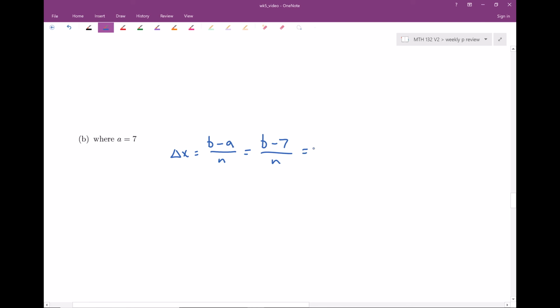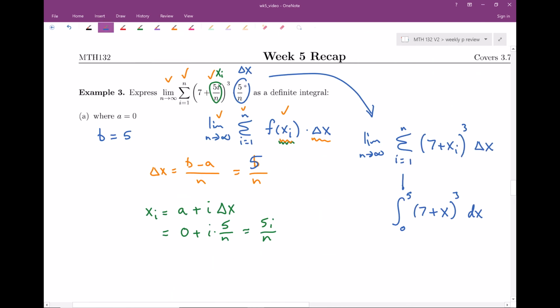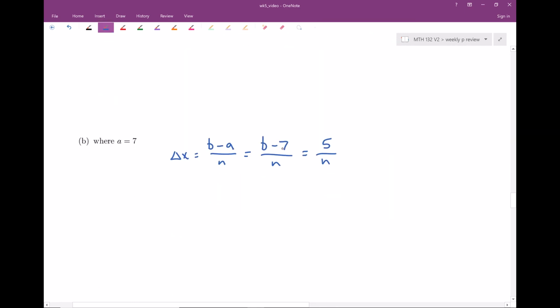Again, a good choice for delta x is this 5 over n, which we see hanging off to the side here. So what should b be equal to? If b was equal to 12, then we'd have 12 minus 7, which is 5 over n. So I'm going to choose b equals 12.